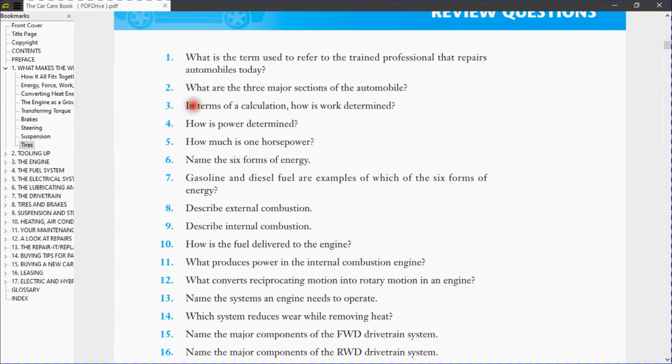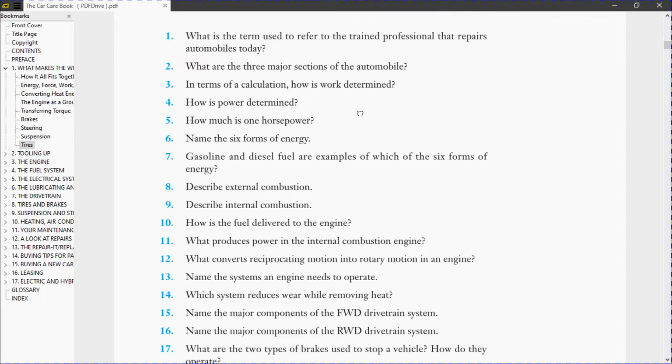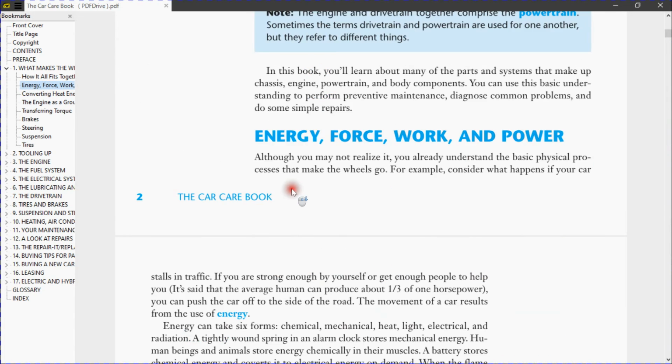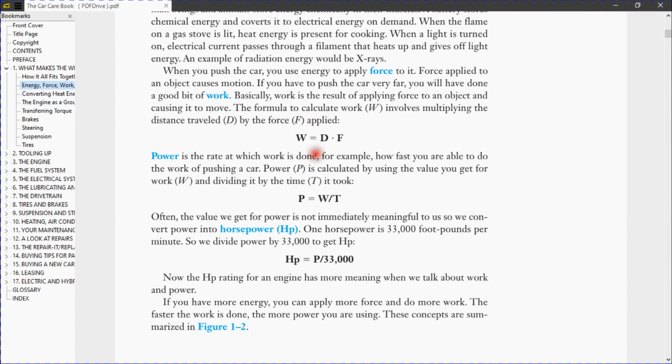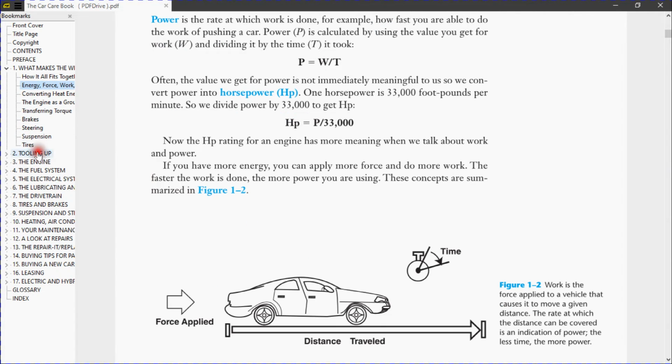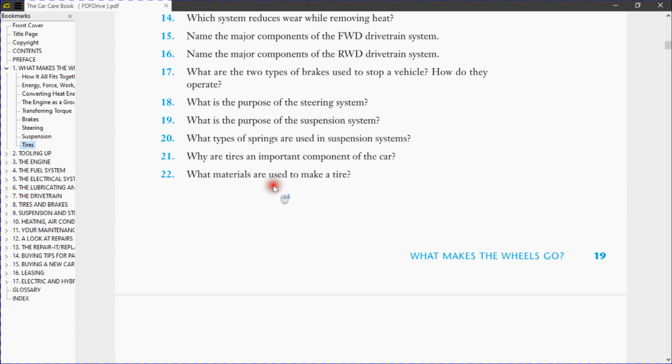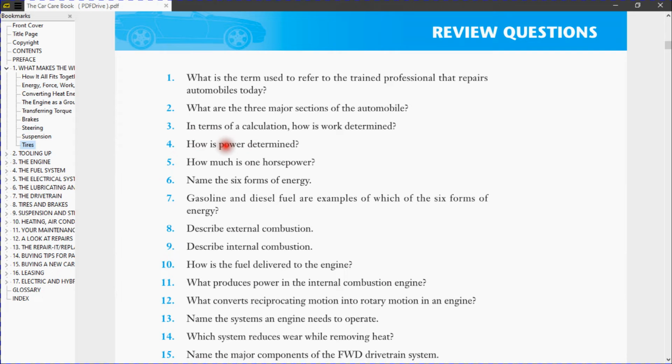In terms of calculations, how is work determined? Work equals distance times force, and power is work per time. That's all we know. And other questions: how is power determined?